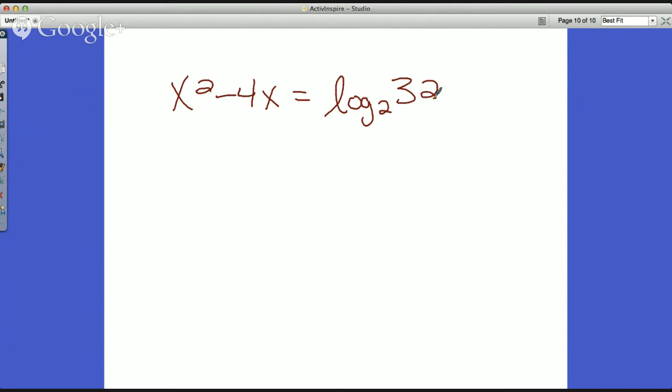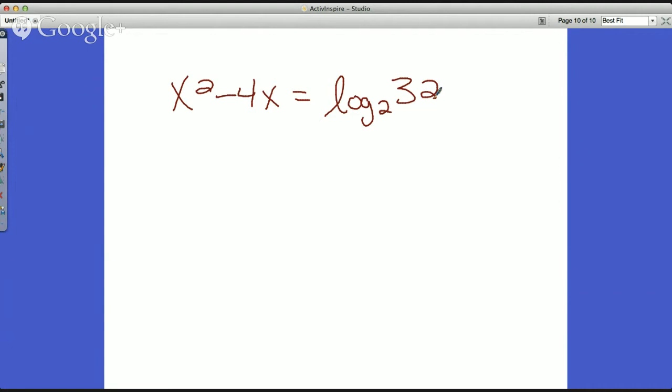All right. So x squared minus 4x equals log base 2 of 32. Thoughts on this one to solve or simplify this specific expression? Could we shoot the 2 over? Okay, we could shoot the 2 over. That might be going backwards though.